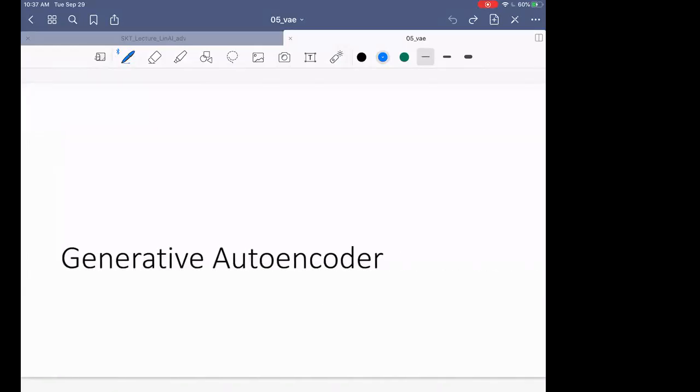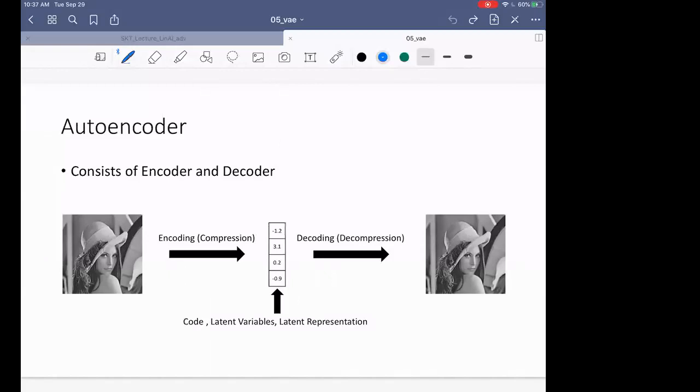Okay, so generative autoencoder. I hope that everybody still vividly remembers what autoencoder is. It consists of an encoder and decoder. You put the image in, and then it compresses. Then you get the latent representation, or the code, or the latent variable z here.